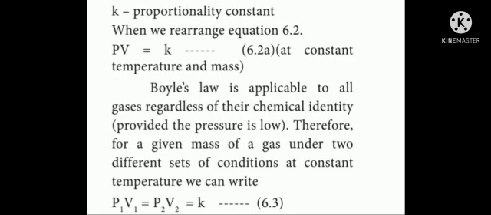Boyle's law is applicable to all gases regardless of their chemical identity, provided the pressure is low. Therefore, for a given mass of a gas under two different sets of conditions at constant temperature, we can write P1 V1 is equal to P2 V2, which is equal to K. It is given by equation 6.3.